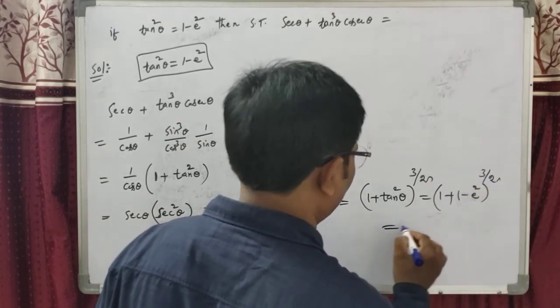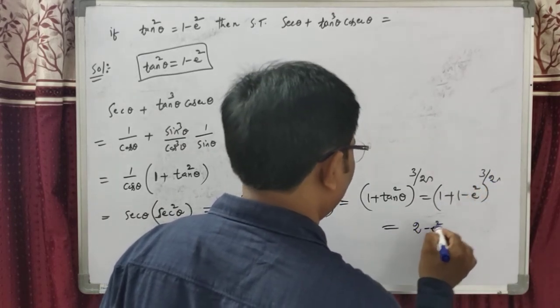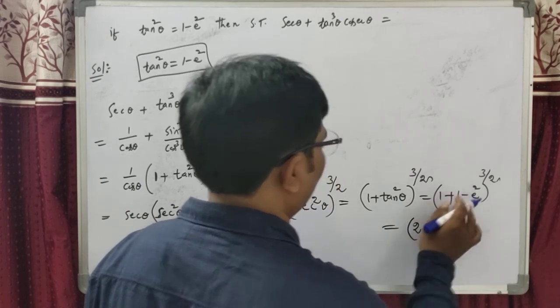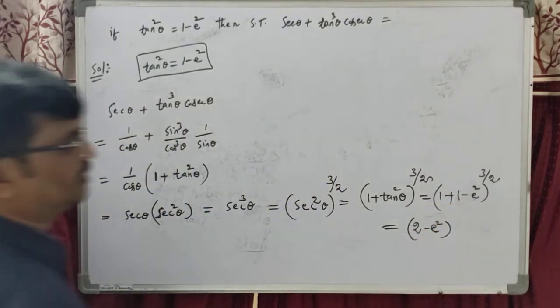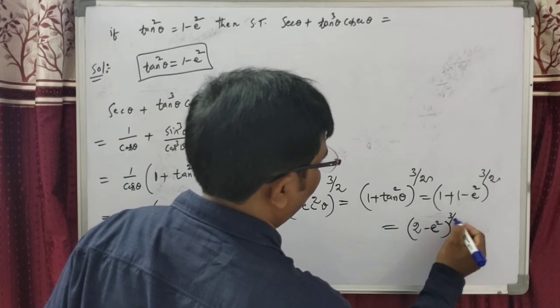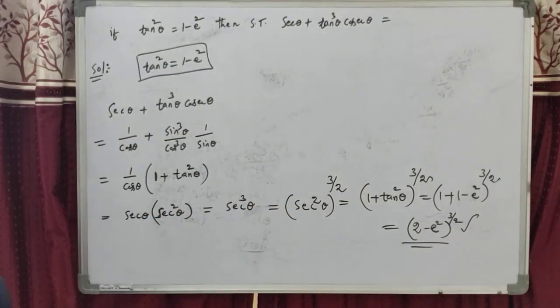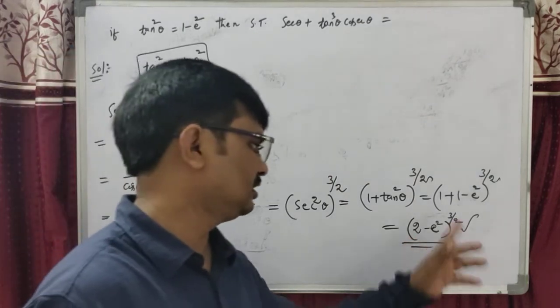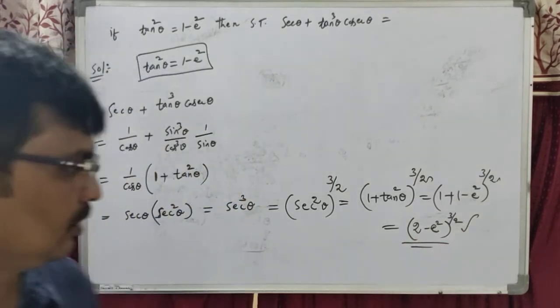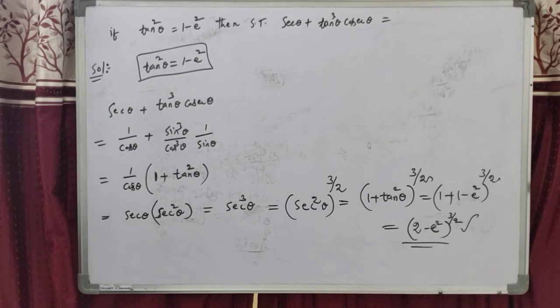Here 1 plus 1 is 2, so it is 2 minus e square whole power 3 by 2. Okay students, this is the solution. Write down, students.